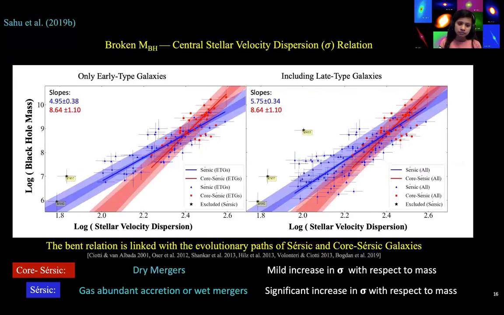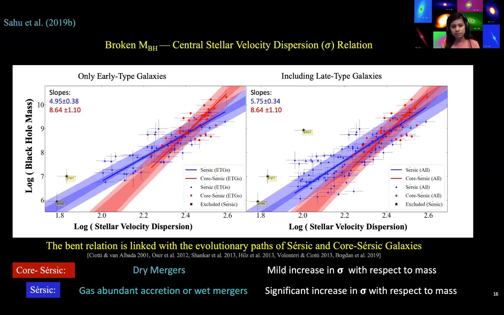That is, because the core Sérsic galaxies, which evolve through dry mergers, they add up their black holes, but they cannot keep the same pace for their stellar velocity dispersion. Hence, they end up generating or defining a steeper relation between black hole mass and stellar velocity dispersion, whereas Sérsic galaxies, which evolve through gas-rich processes, i.e. gas-abundant accretion or gas-abundant mergers, such galaxies, while evolving, they increase their black hole mass and also sufficiently increase their stellar velocity dispersion.